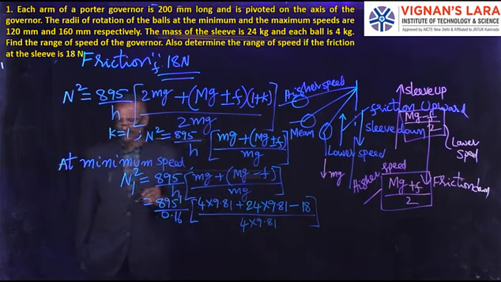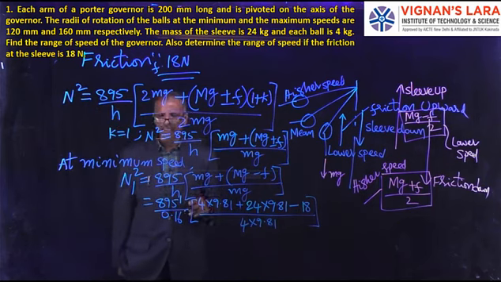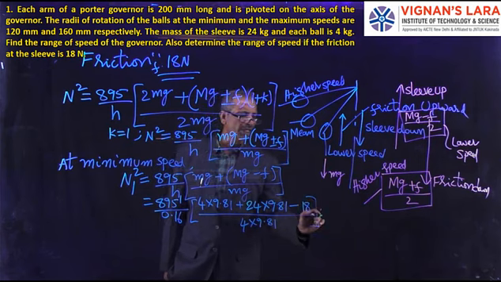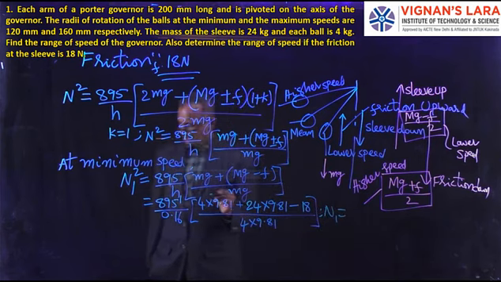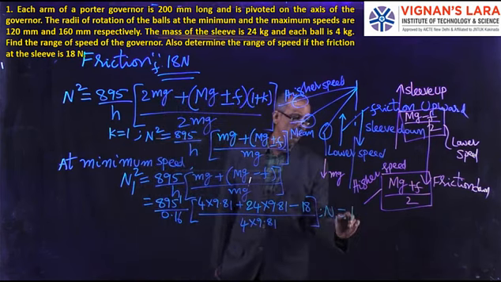Calculating, you get N1 is equal to 191.3 RPM.